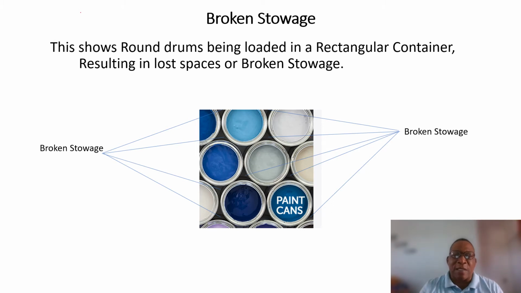So bear in mind that since the drums are round and the space that they are going inside is rectangular, then you are going to have spaces when they are packed together. These spaces will be created.